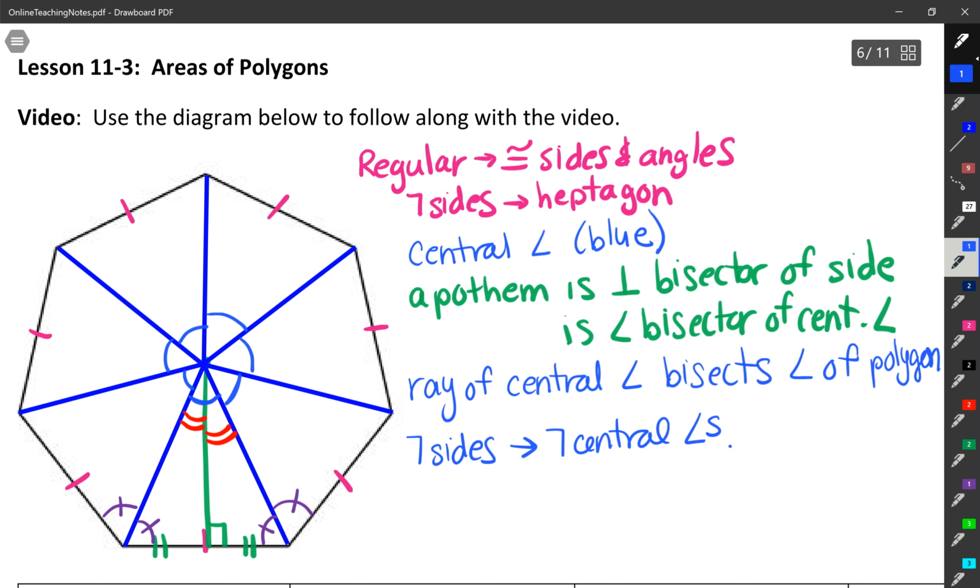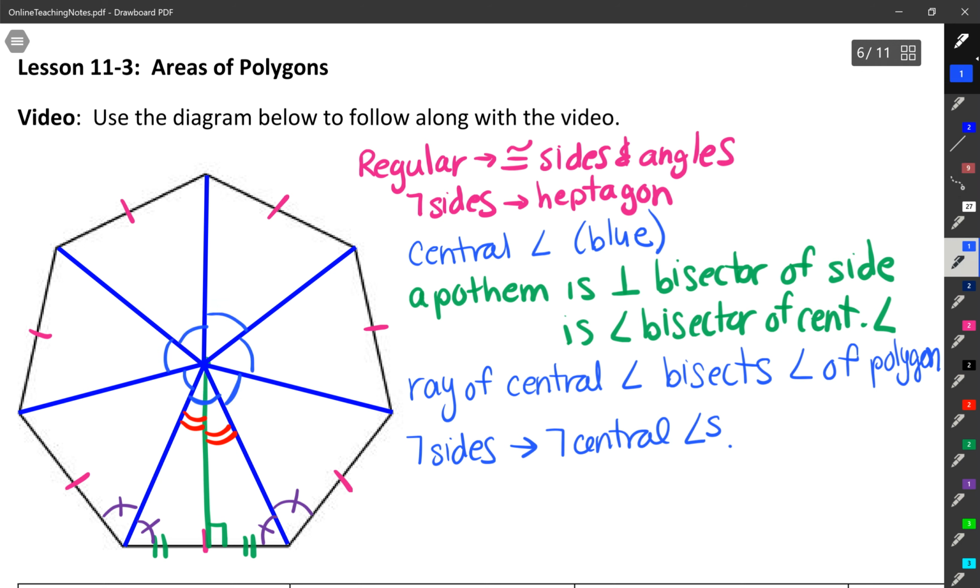So each of those central angles adds up, and that would make an entire circle. So if I start right here, go all the way around, if I add up all those central angles, it's going to give me an entire circle. So I know that all the way around a circle is 360 degrees.